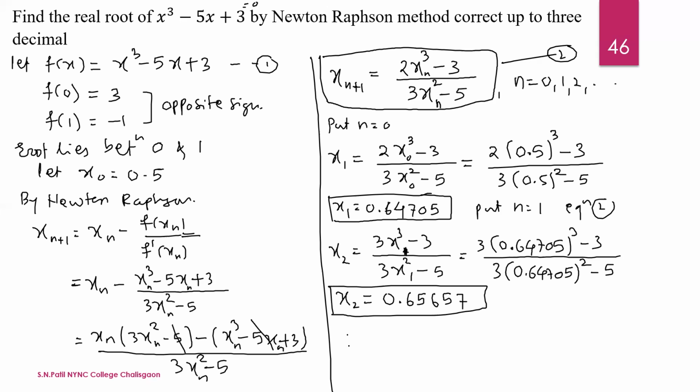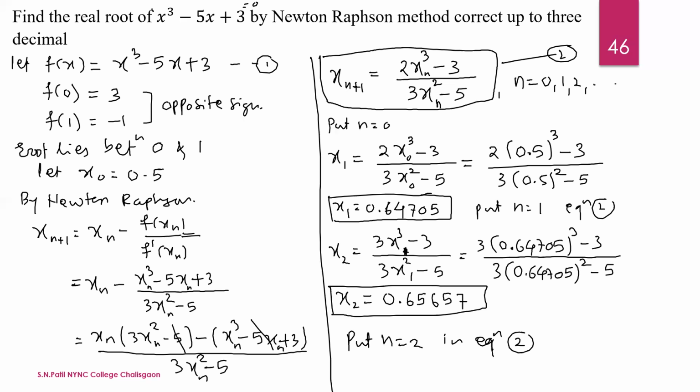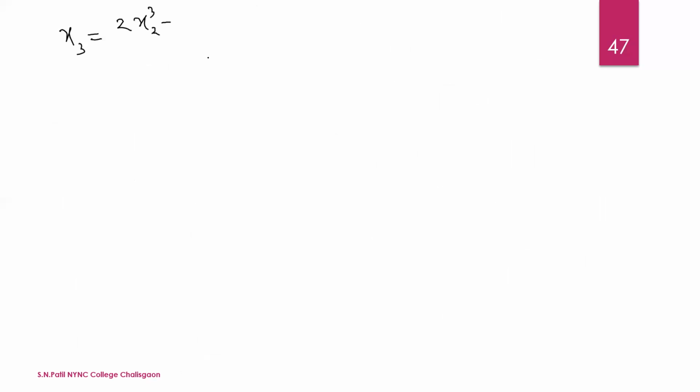Now next iteration, put n is equal to 2 in the equation, that is x suffix 3. Now here 2x cube suffix 2 minus 3 divided by 3x square suffix 2 minus 5.